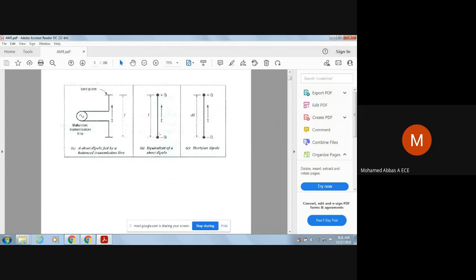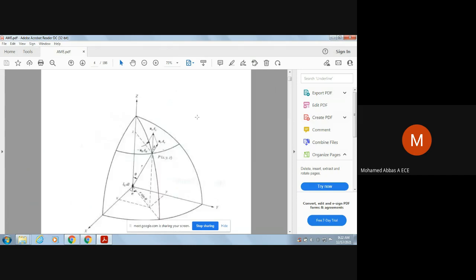The second diagram refers to the equivalent circuit for the short dipole, in which two charges which are equal and opposite are separated by some distance L, and the current flowing is mentioned as I. Similarly, the third one refers to the Hertzian dipole. Here also you can see that the two charges, which are equal and opposite, are separated by some distance dl, because dl is an infinitesimally small length.